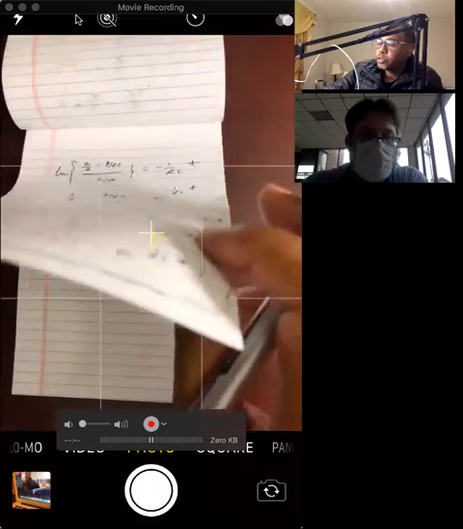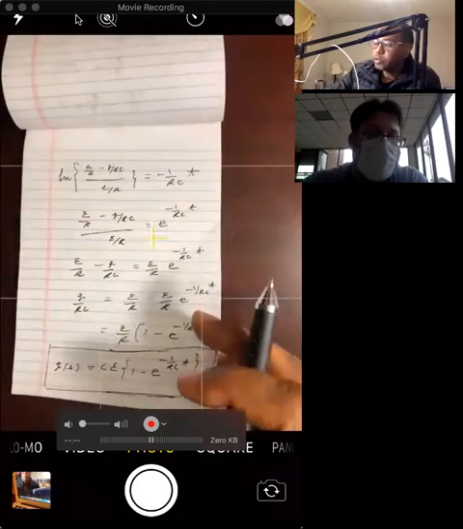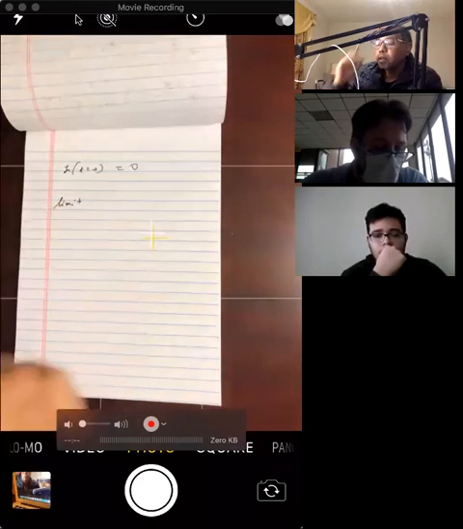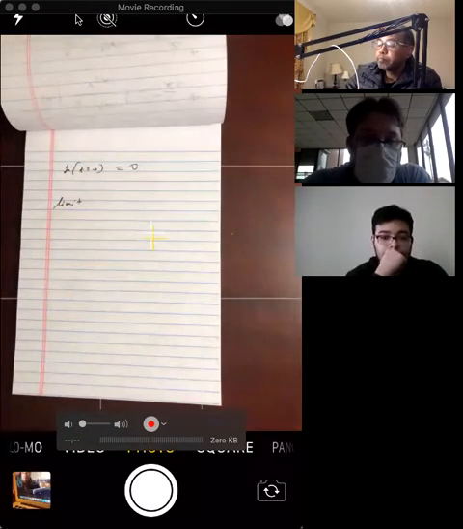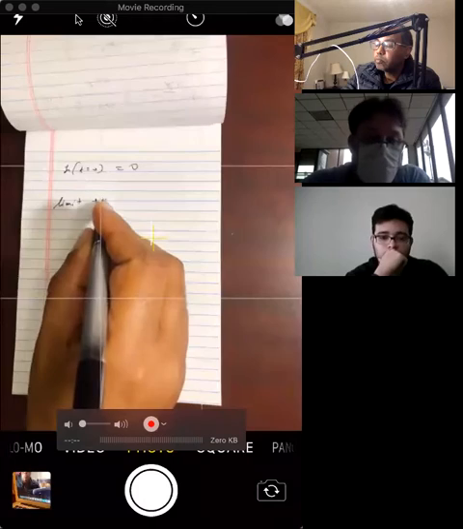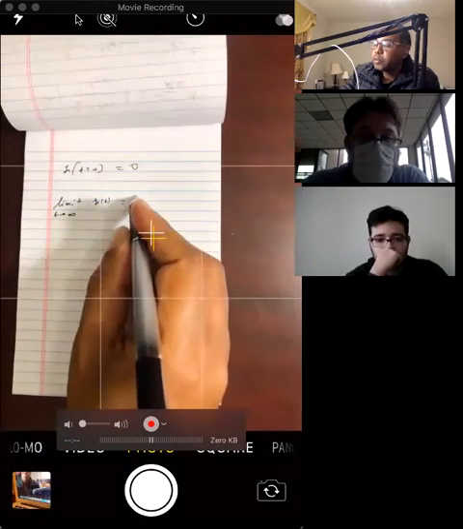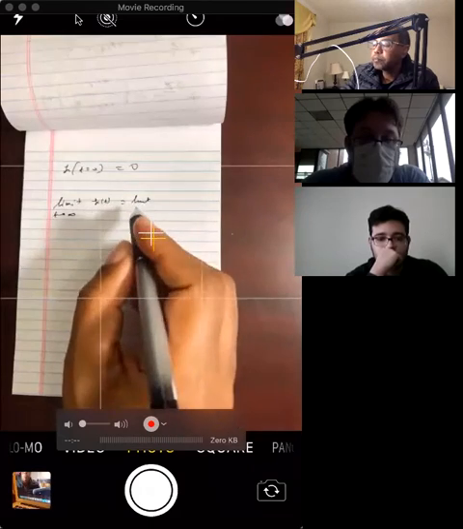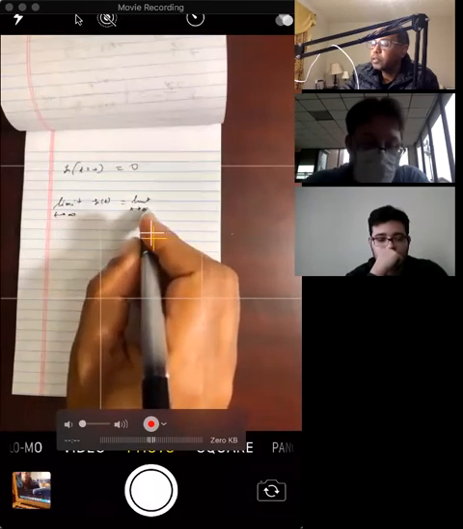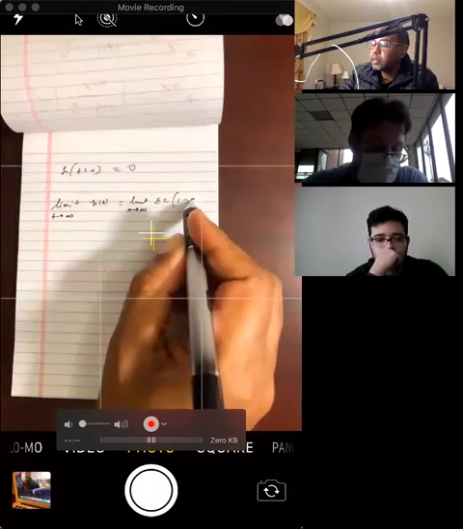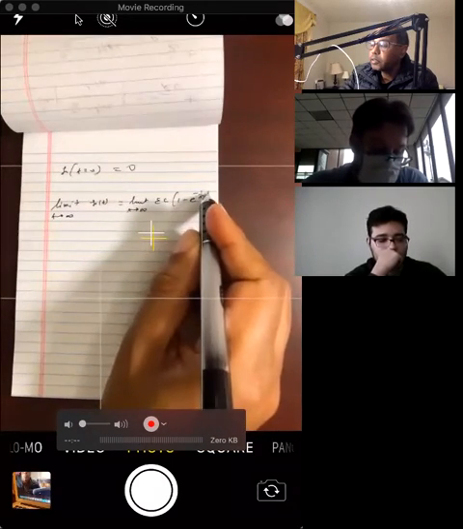Now let's take the limit as t approaches infinity. The limit of the charge as t approaches infinity is the limit of EC times 1 minus e to the negative t over RC.